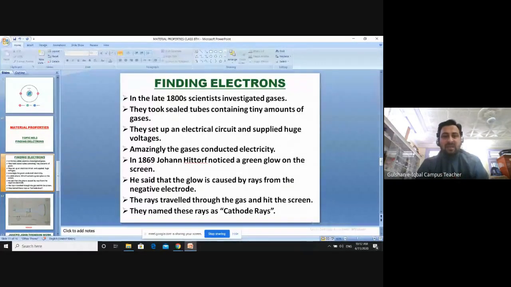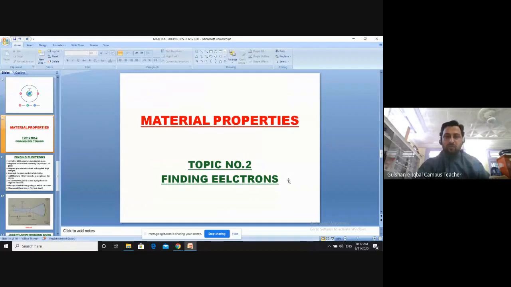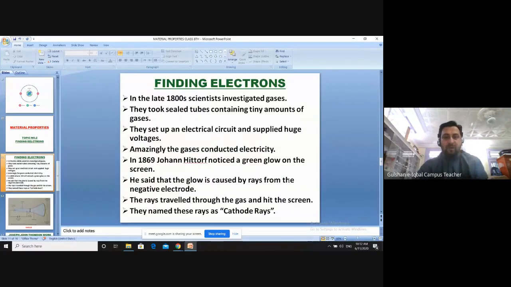Then he said that the glow is caused by rays from the negative electrode. There are two electrodes, one positive and one negative. When we pass a current, we normally have two kinds of electrodes. The positive electrode is connected with the positive terminal, and the negative electrode is connected with the negative terminal of the battery or the current.